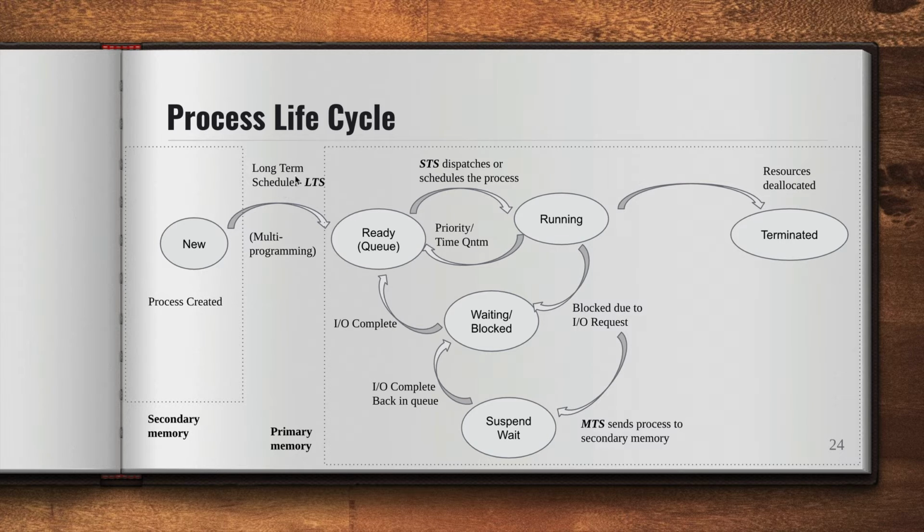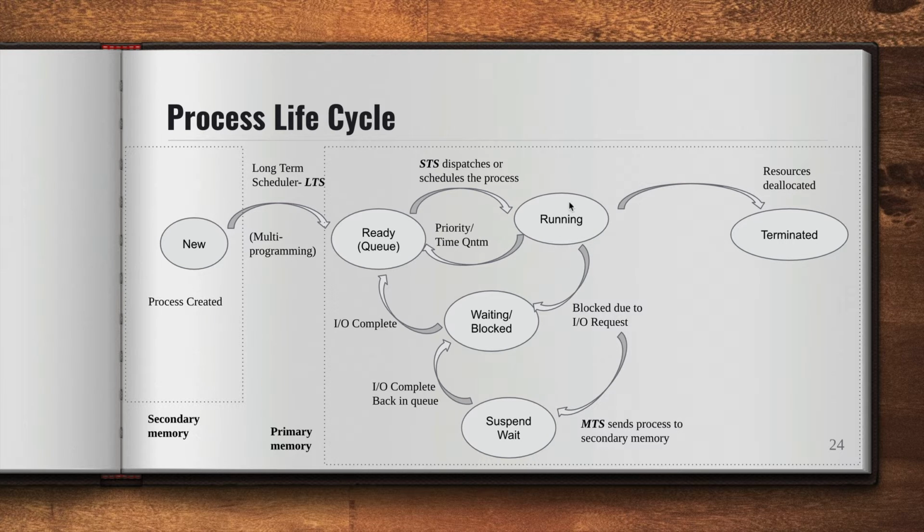Okay, so the long-term scheduler moves the process from the new state to the ready state, and then from this point, when it needs to get executed, the short-term scheduler dispatches or schedules the process, which means that the CPU is assigned to this particular process. So it goes into the running state, it goes into execution mode, so it starts executing.